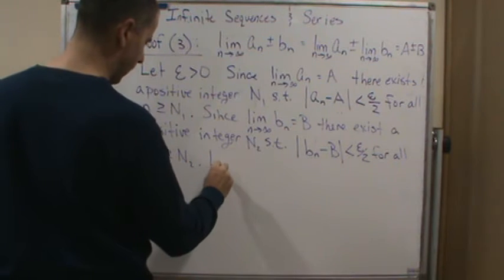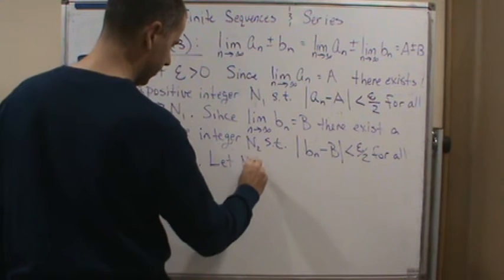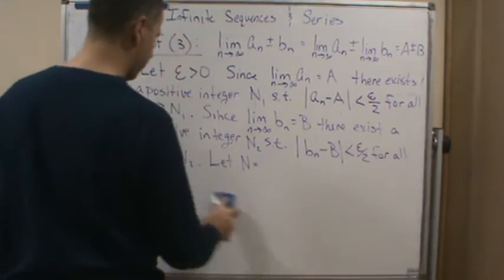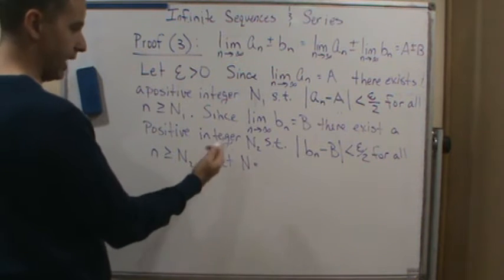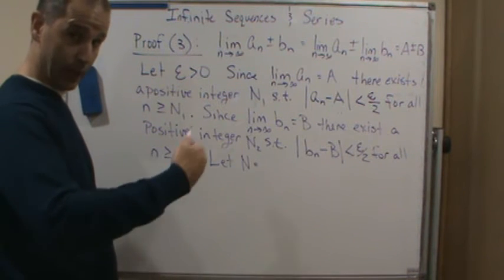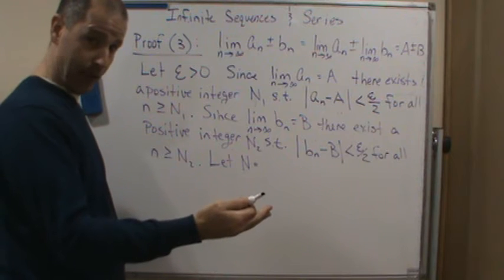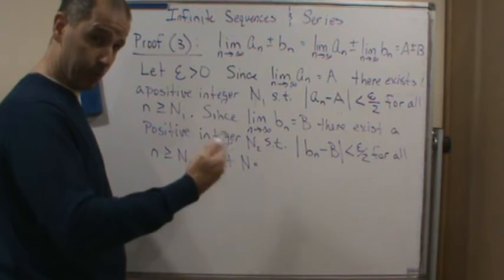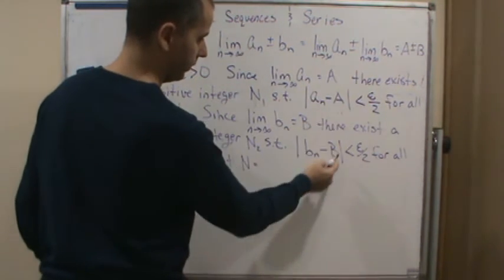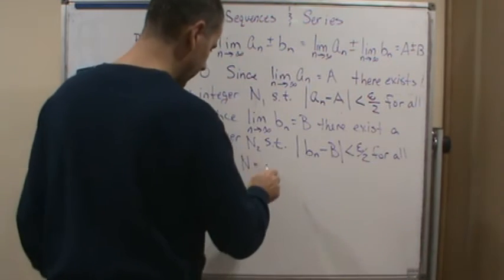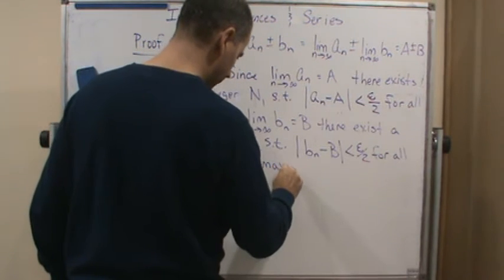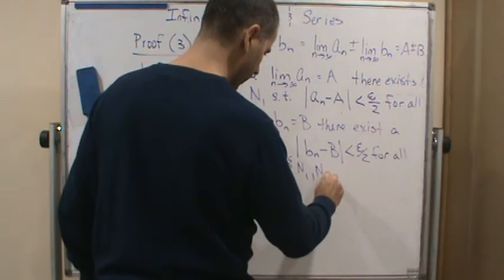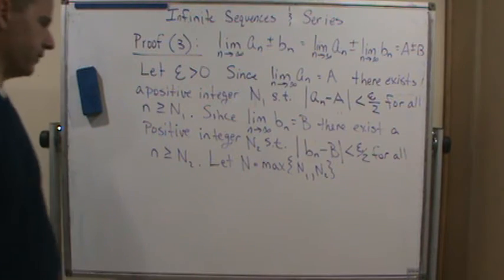So now it makes sense that I want to let n equal the maximum of the two, because whatever the maximum is, if n is greater than that maximum value, then I know both of them will satisfy the inequality. So let n equal the max of the two positive integers n1 and n2.